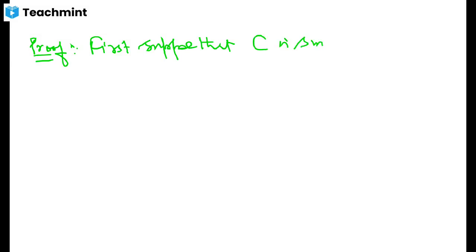So we first assume that this arc C is smooth, and being smooth means that its derivative exists.